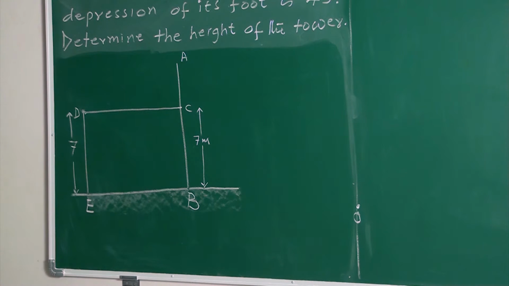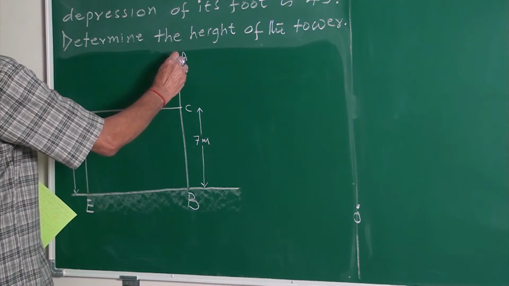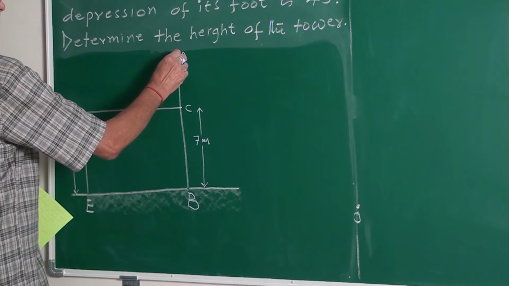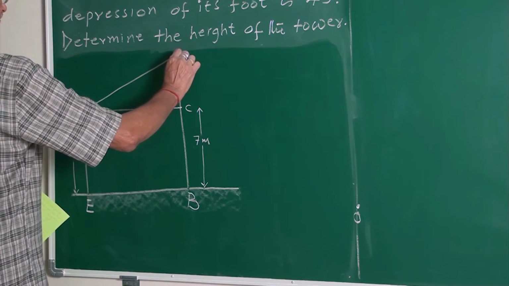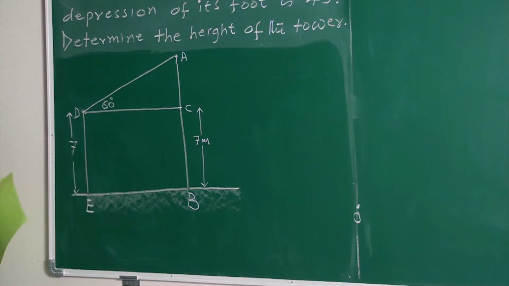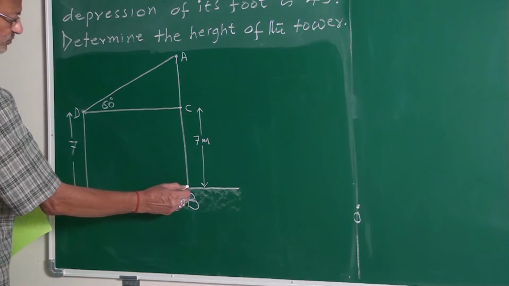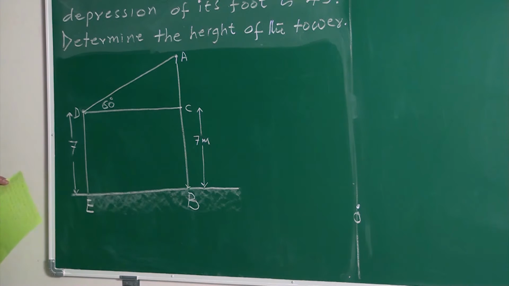First, the angle of elevation from this point to the top of the cable tower. Top is here. This angle is 60 degrees. Then he looks at the foot of the building.